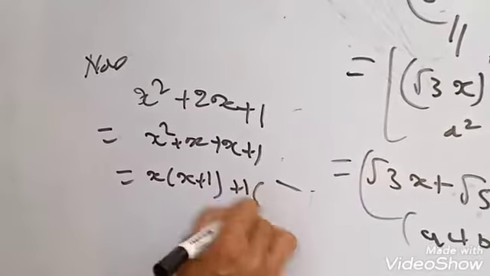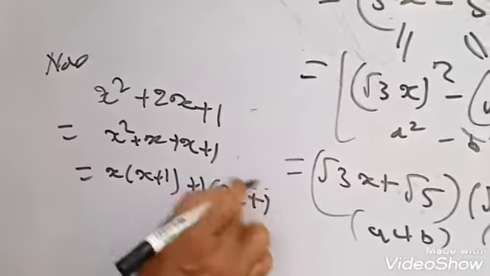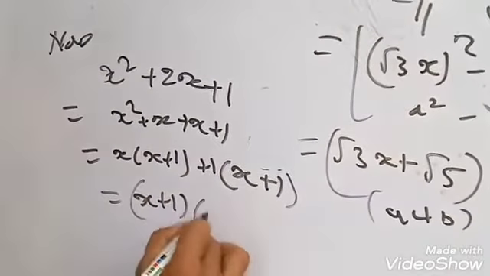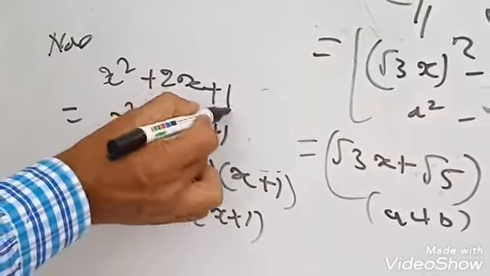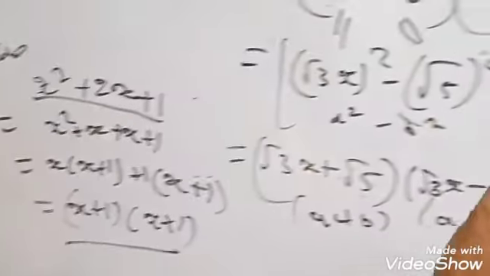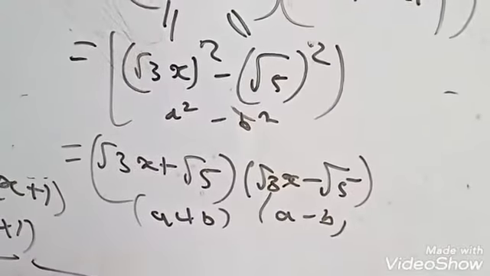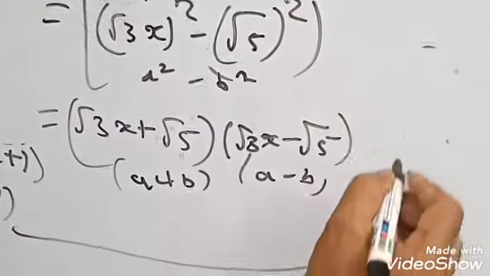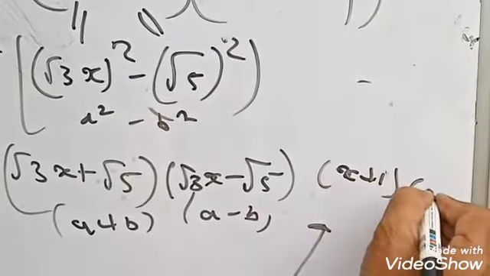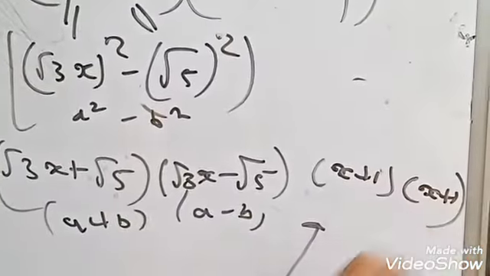This is plus 1 common, x plus 1. This is equal to (x plus 1), and this also. So here it will come (x plus 1) and (x plus 1).